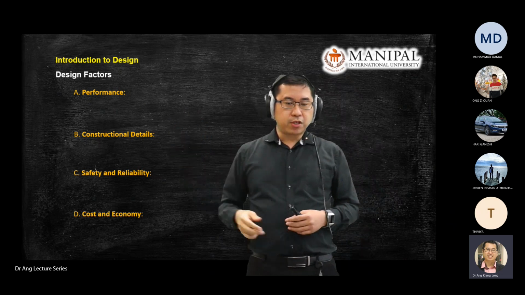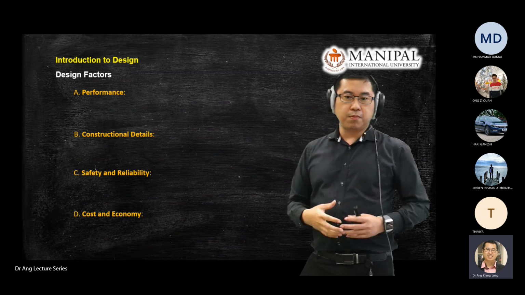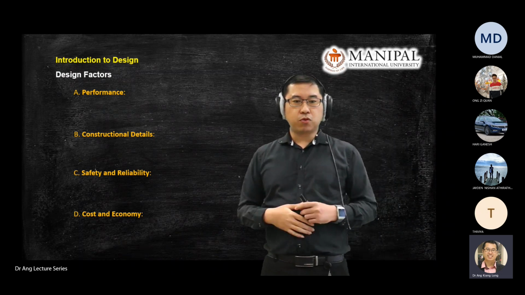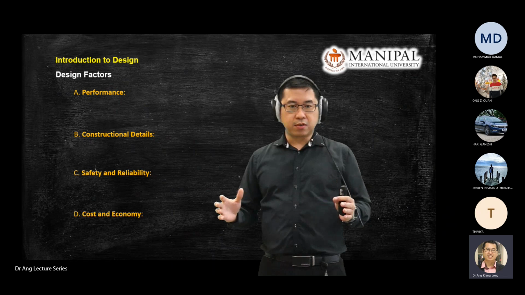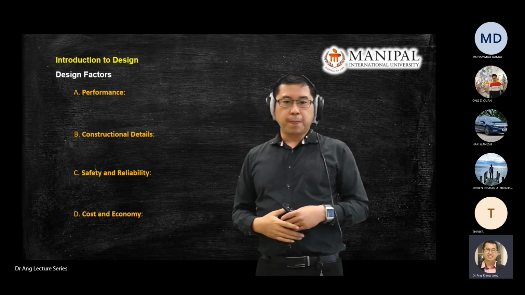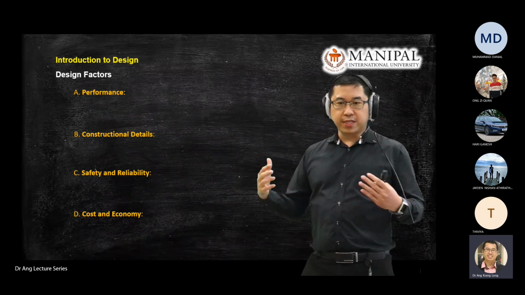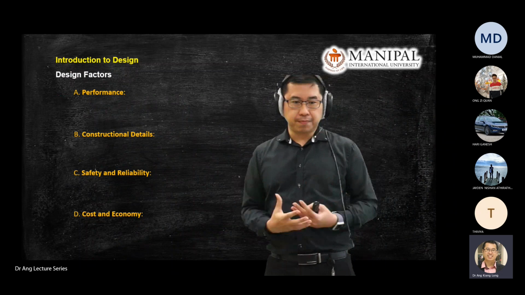Then the construction detail. Construction detail means you're able to generate a good 3D model, and also a good technical drawing. And also in your report, you're able to tell the user how to assemble your prototypes.